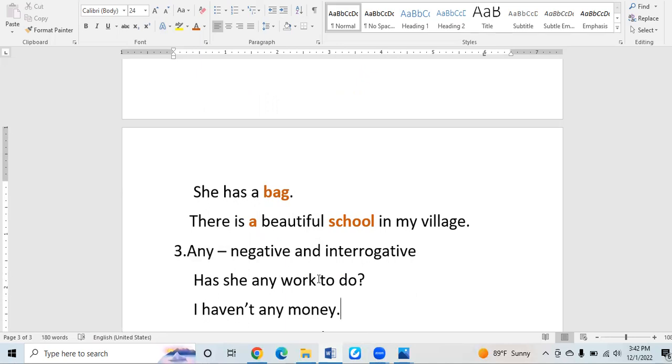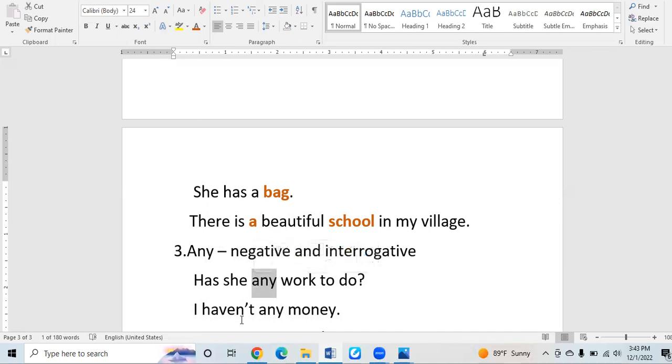We can use this with negative forms of the sentence as well as interrogative. Interrogative in the sense of question form, positive questions and negative ones, and we use it to say something is not available or something is not there, right? Has she any work to do? It's a question. Has she any work? Remember, any is a determiner as well as an adjective.